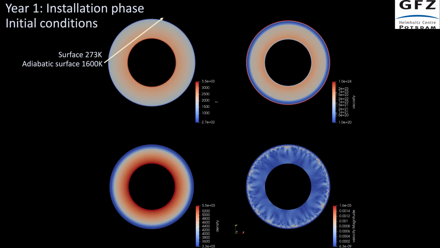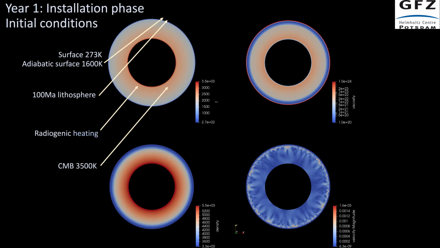So we have a typical adiabatic temperature, surface temperature for present day, 100 million year old lithosphere, radiogenic heating, and obviously a core mantle boundary temperature. We have a typical phase transition at the 410 and the 660, and our models are fully compressible, so thermal expansivity and density and so on vary with depth.